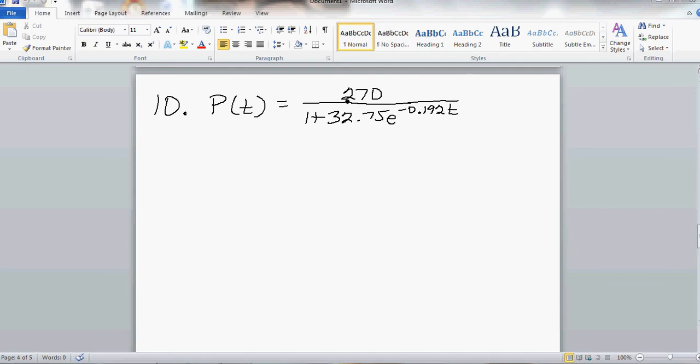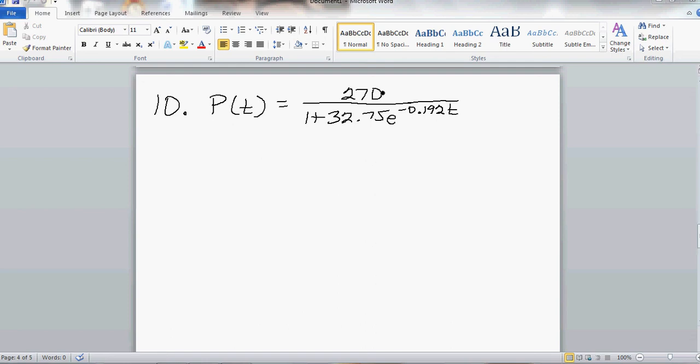What's important to realize is this top number here is the limiting factor, or the limiting size. So I can look at this and say I know the absolute maximum is going to be 270. It's not going to reach anything more.